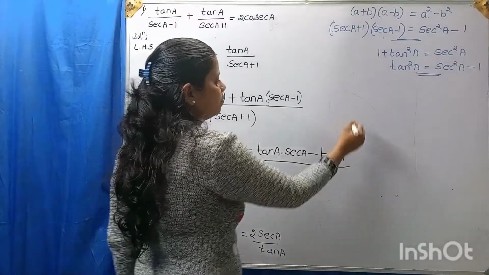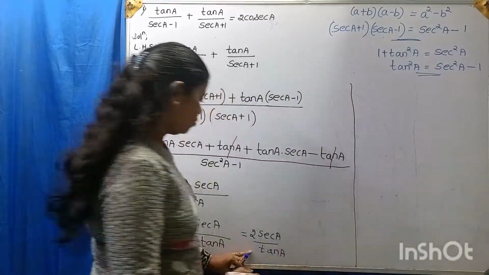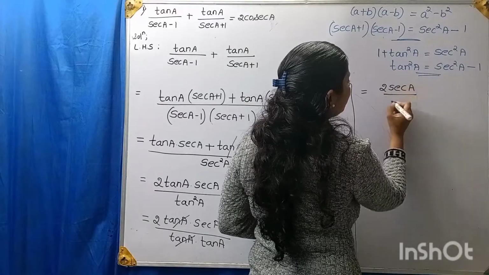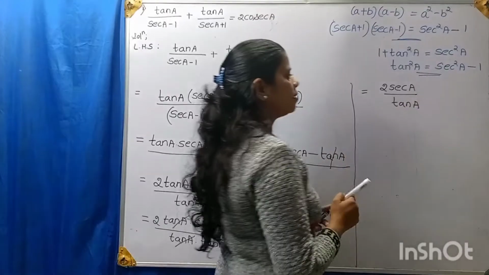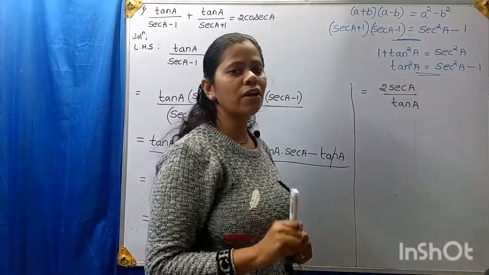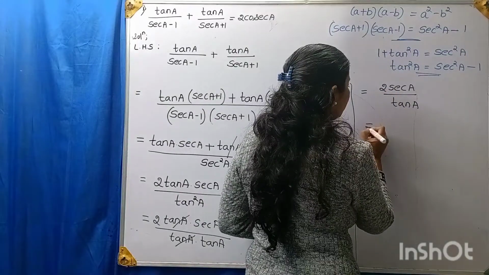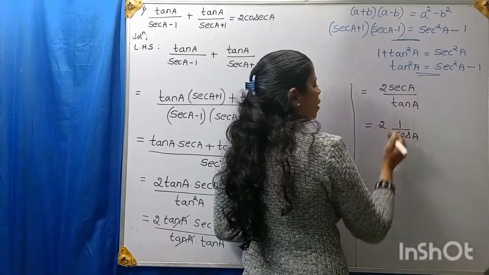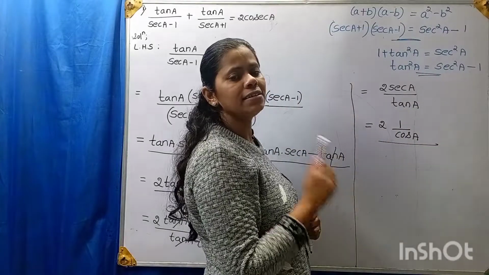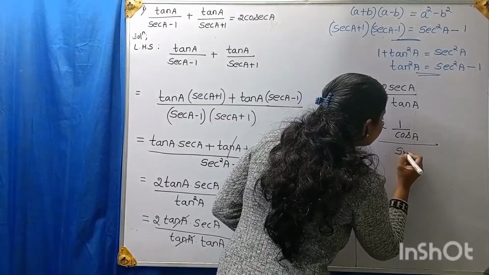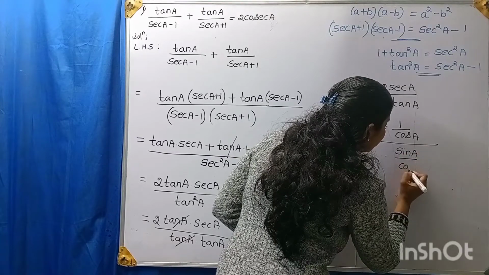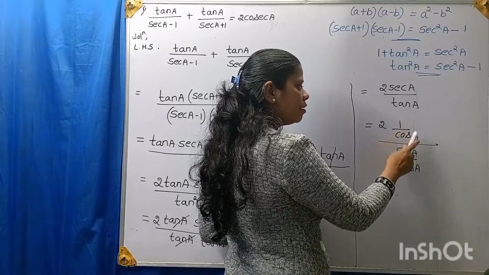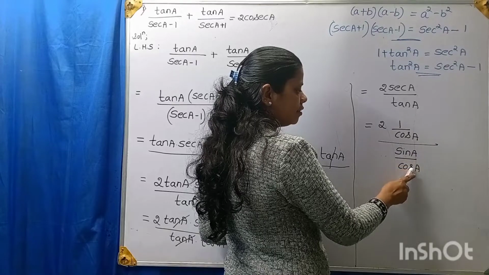Now, let me continue here. 2 secant A divided by tan A. We know that secant A can be written as 1 by cos A. Therefore, it will become 2 into 1 by cos A whole divided by tan A. I can write tan A as sin A divided by cos A. Already I told you it is whole divided by, which means it is numerator and it is denominator.